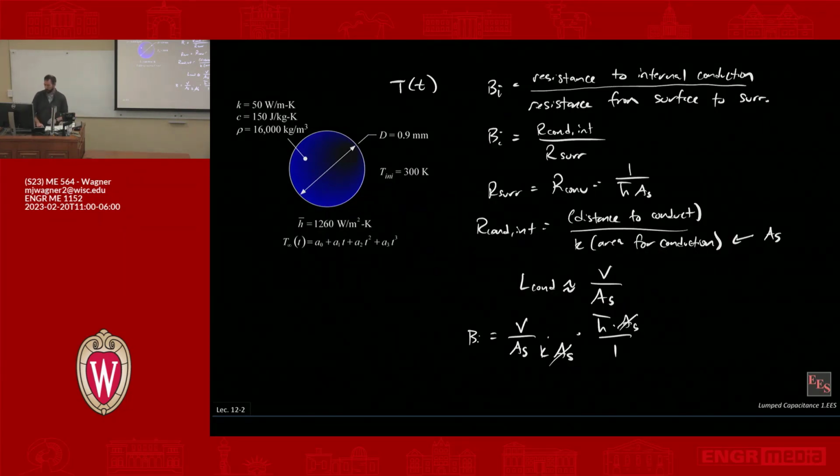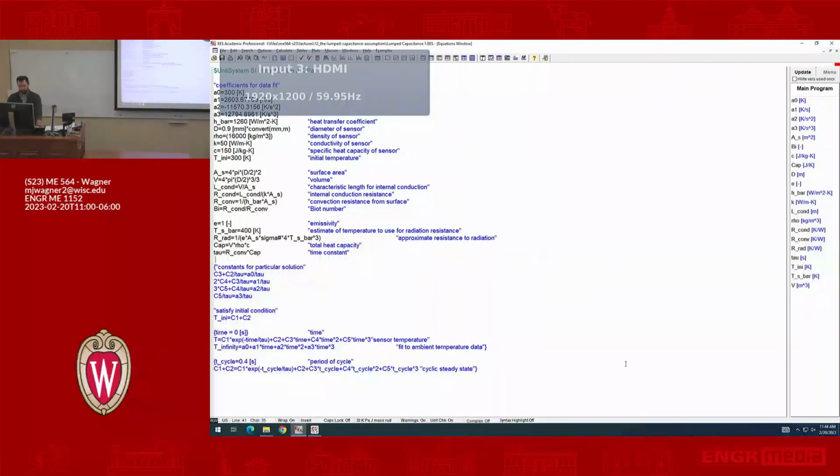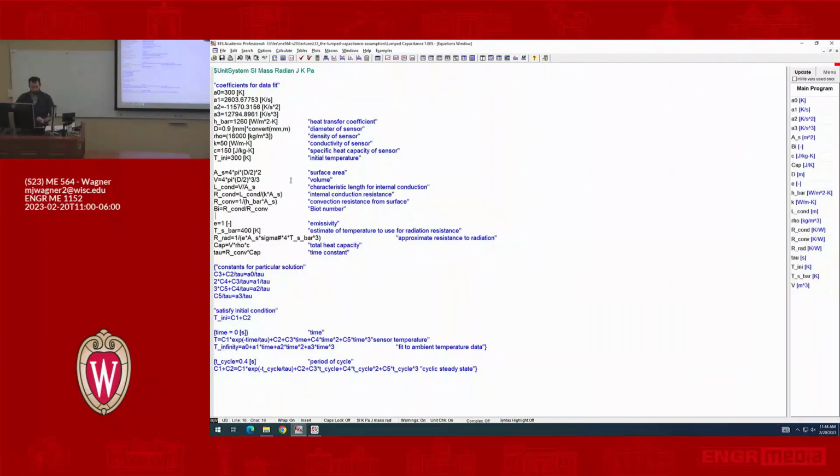So let's actually quickly look at EES because I've done the calculation there. So what we want to do, again, is show the Biot number. We want this Biot number to be small. If it's small, we can say this is lump capacitance. So I've entered in all the information. I've actually also entered in information for the radiative resistance just to see if it's important or not.